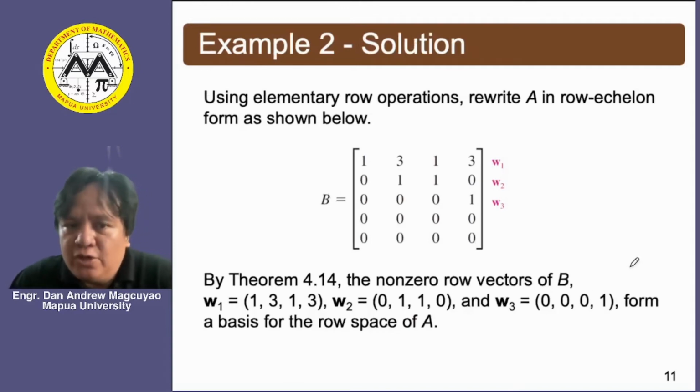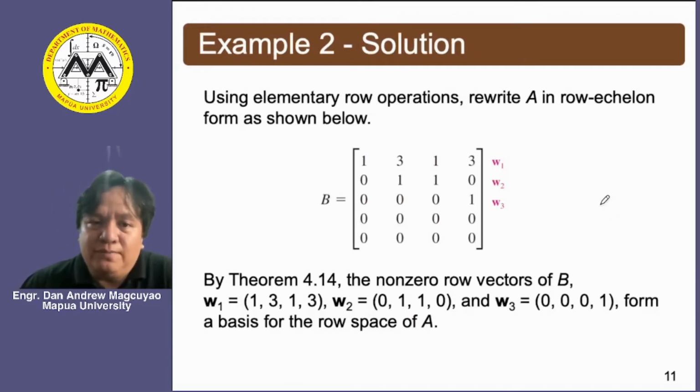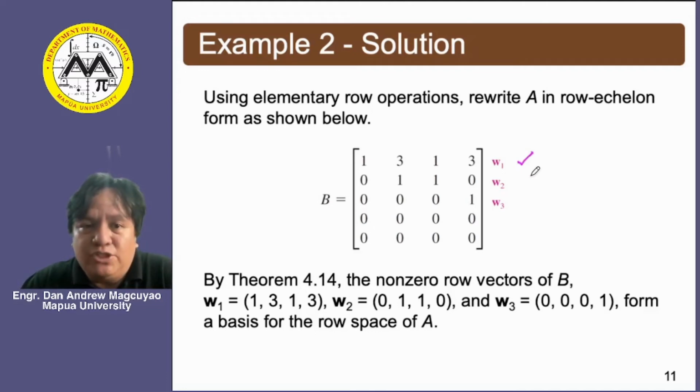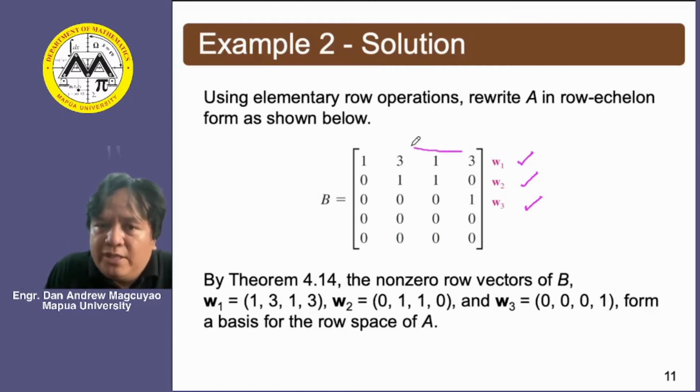Now, the row echelon form of that matrix would be vector 1, which is 1, 3, 1, 3; the second, 0, 1, 1, 0; and the last vector, 0, 0, 0, 1. So these three vectors in the row echelon form of the given matrix form the basis for the subspace.